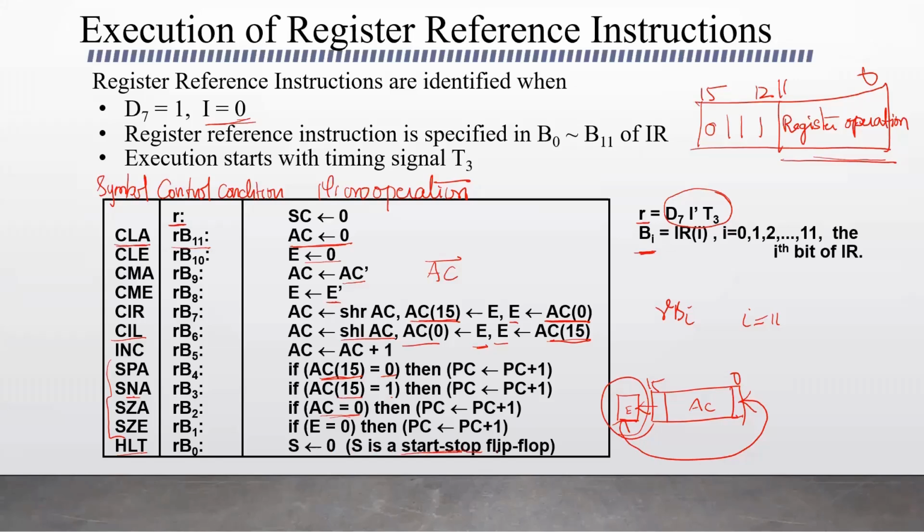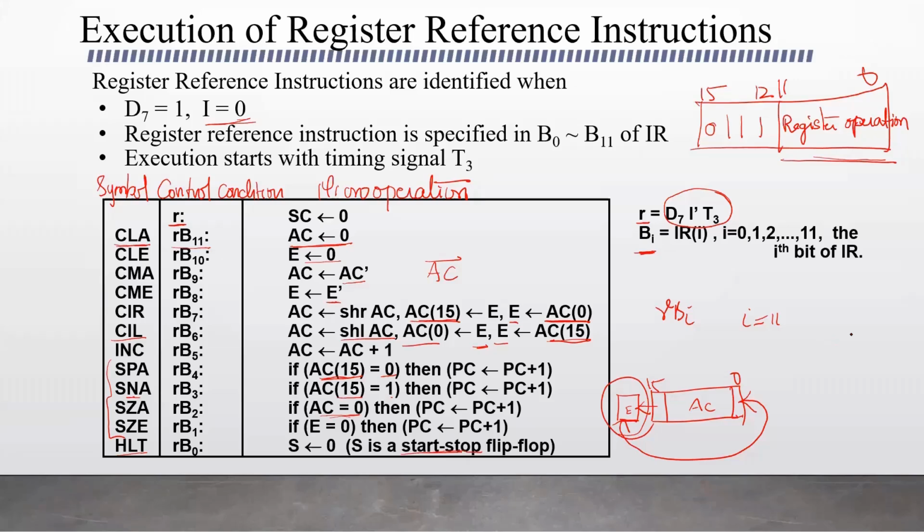The start-stop flip-flop is set to 0. And it stops the sequence counter from counting too. Otherwise the sequence counter counts from T0, incrementing by 1 every time. But when the instruction execution needs to be stopped, it stops counting, so that it will be set to 0.